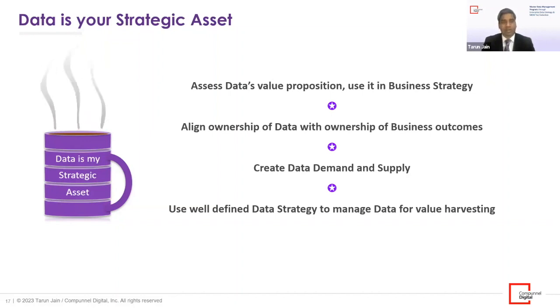And so this is the strategic alignment that you have to establish when you're driving your MDM program through business strategy. You have to ensure that the data ownership is also aligned towards the same business outcome that you are looking to get value for out of your MDM program.